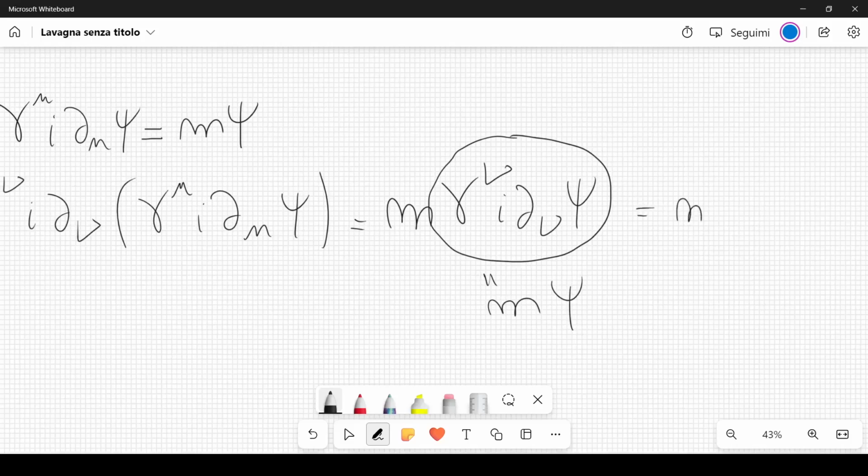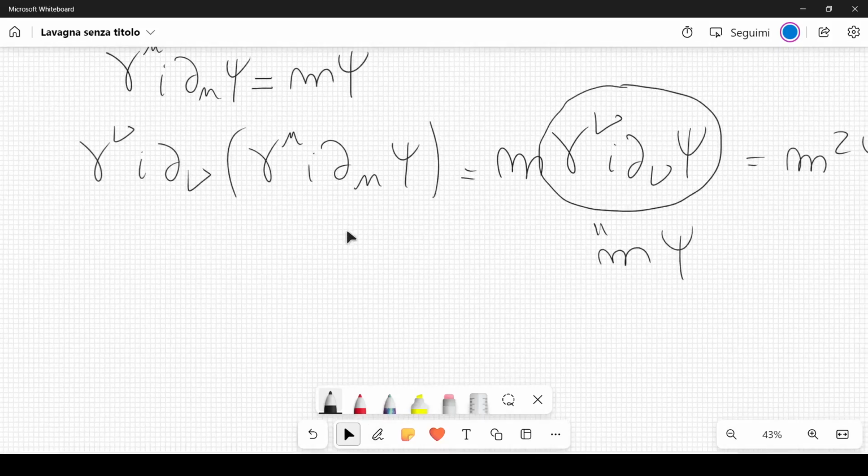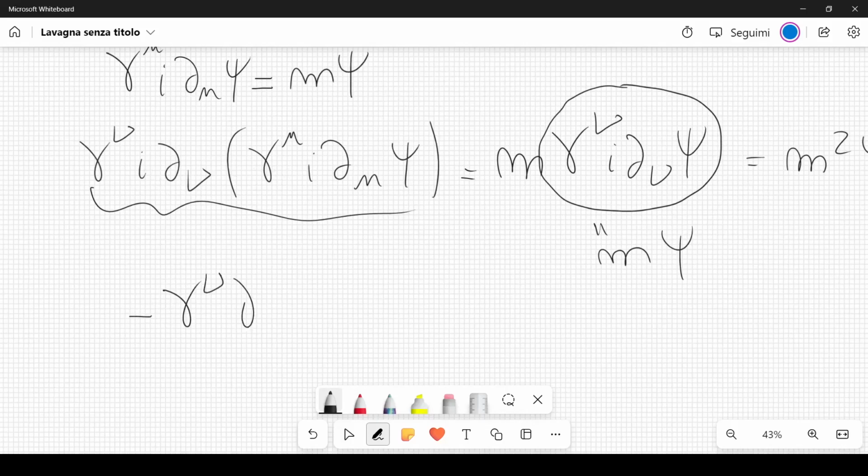So this is just equal to m squared psi, like this. Whereas this part on the left is equal to minus, from i squared, gamma nu gamma mu del nu del mu psi.